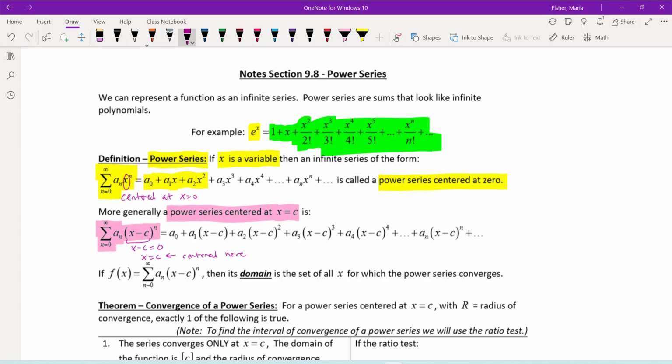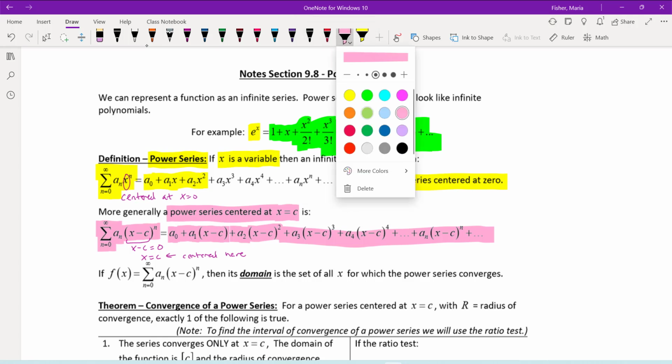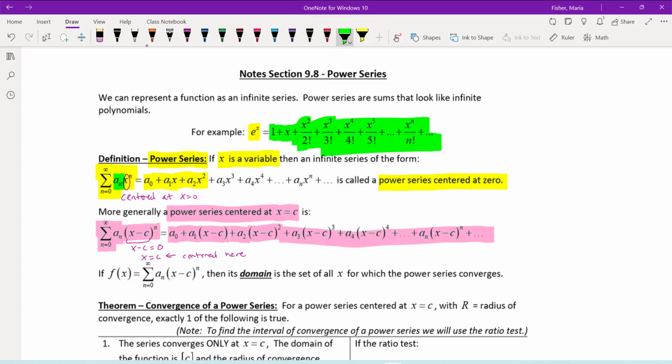But it expands out the same: a naught plus a sub 1 times x minus c plus a sub 2 times x minus c squared, etc., all the way down to a sub n times x minus c to the n. Now for each one of these, this a sub n is just the formula that you're multiplying your powers of x by.